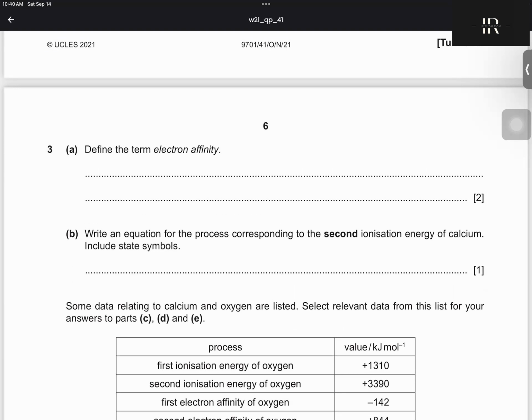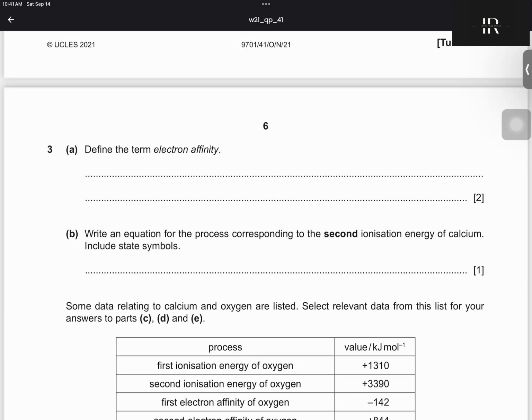Can anyone tell me? What would you be writing first? Basically, you are supposed to write in this, because this is of 2 marks: enthalpy change when 1 mole of electron is gained by 1 mole of a gaseous atom. That's it.